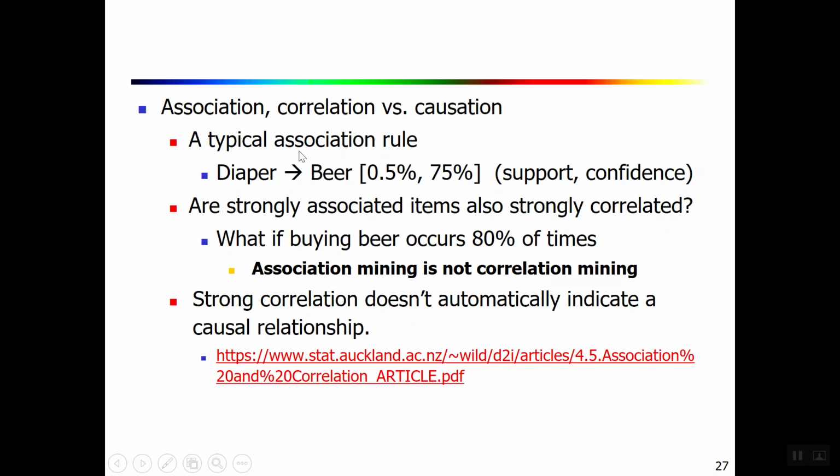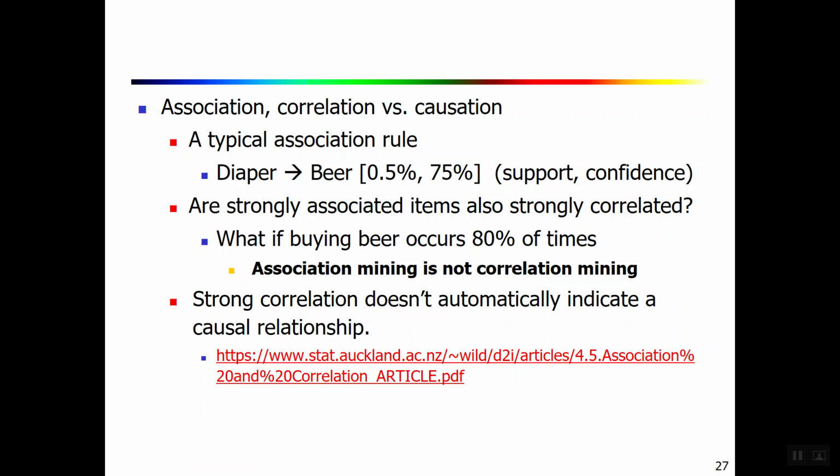So by looking at this rule alone, we actually do not know whether a strong association rule also indicates a strong correlation, or whether buying diapers causes buying beer. We don't know.